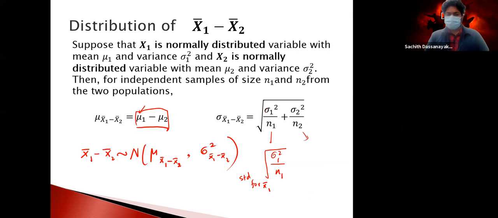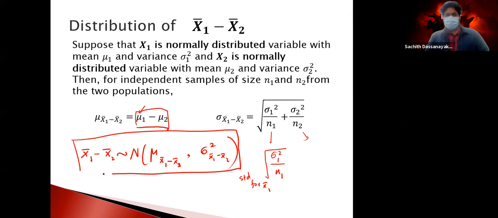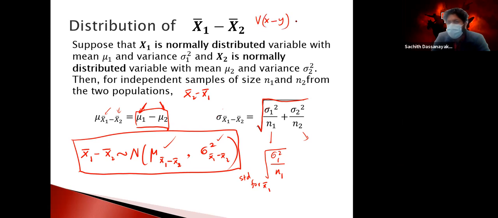So from the notations we used, we can say x1 bar minus x2 bar has a normal distribution with mean this one, variance this one. Variance is the square root of this one. Variance of x minus y. Do you remember this one?